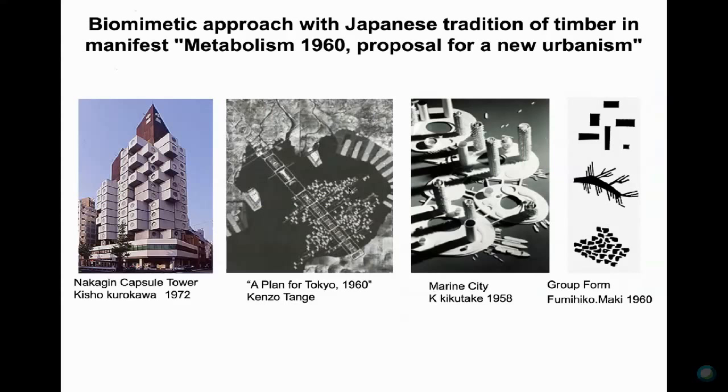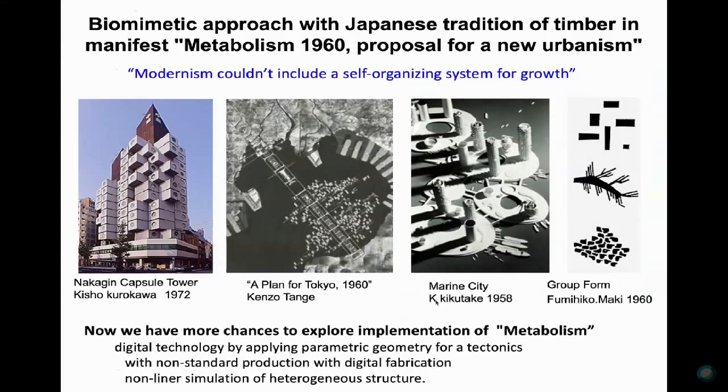It is now easier, I think, to explore metabolism with digital technology, applying parametric geometry for a tectonic system of architecture. Because we can use non-linear simulation of the heterogeneous structures.